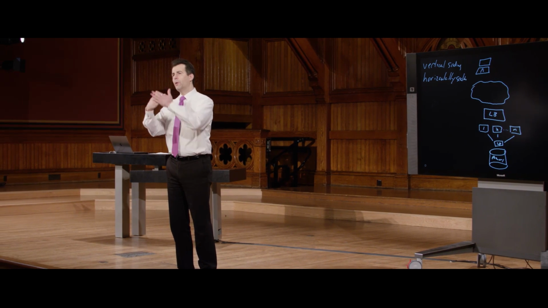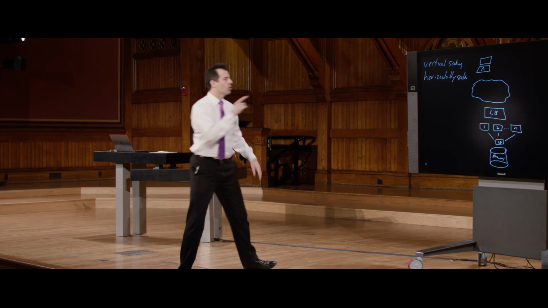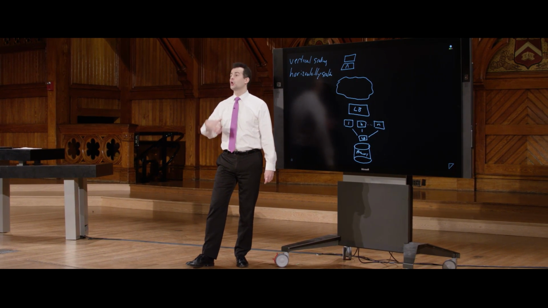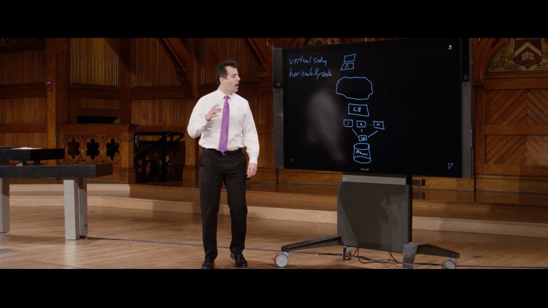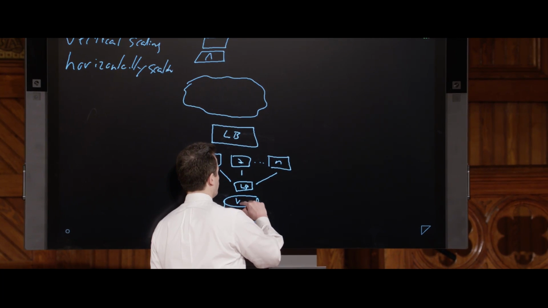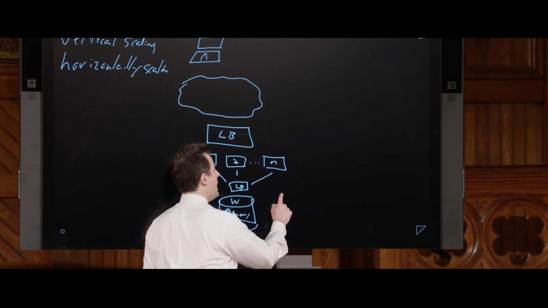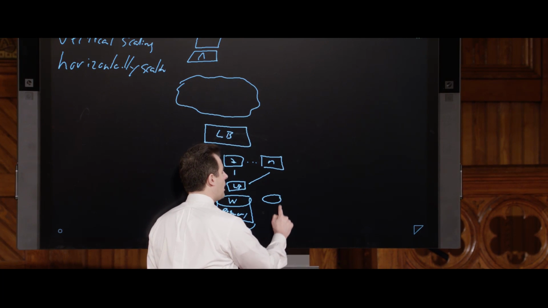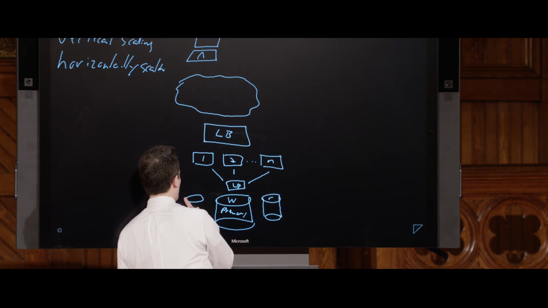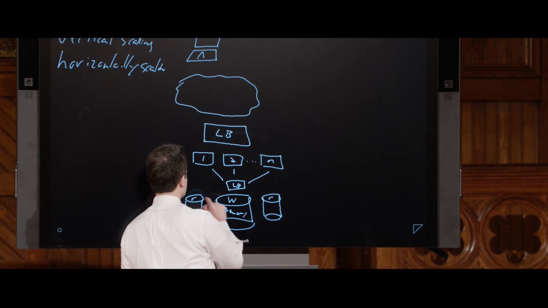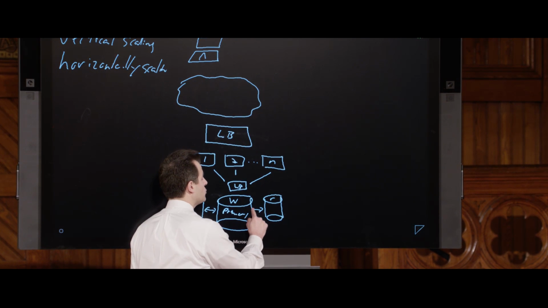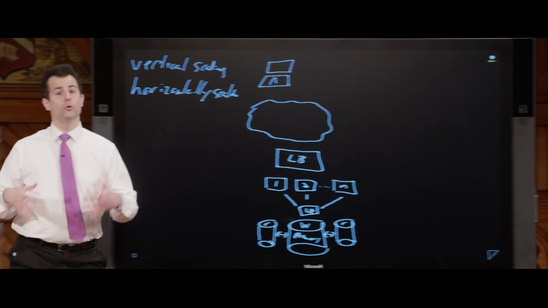But if we're going to bump up against some limit of how much work this database can do at once, it would be nice to have some secondary servers or tertiary servers. So a very common paradigm would be to use this primary database for writes, we'll abbreviate it W, and then also have maybe a couple of smaller databases, or even the same size databases, that are meant for reads, abbreviated R. And so long as these databases are somehow talking to one another, this topology will just work.